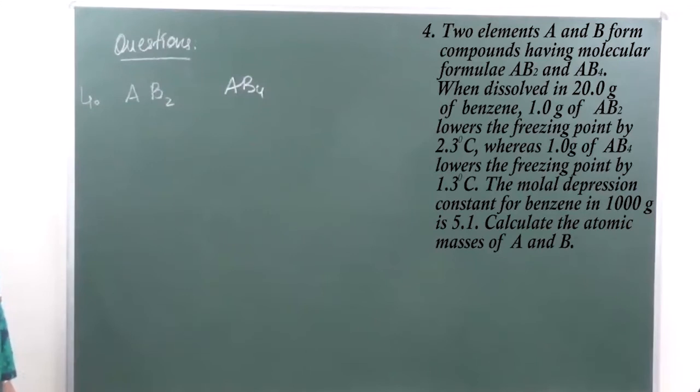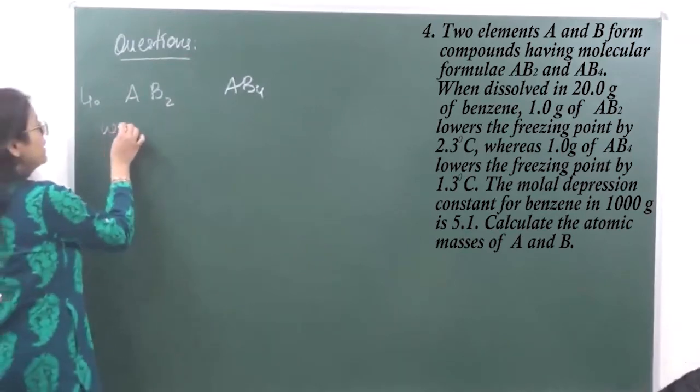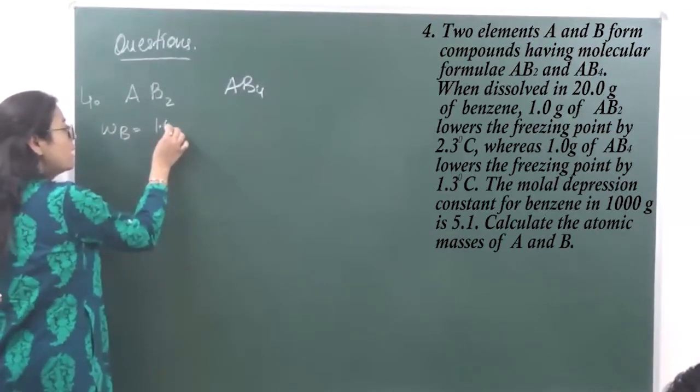Okay? When dissolved in 20 grams of benzene, 1 gram of AB2 lowers the freezing point by 2.3. So let's write down the data given to us for each of the compounds separately. So they are saying for AB2, Wb is equal to 1.0 grams.